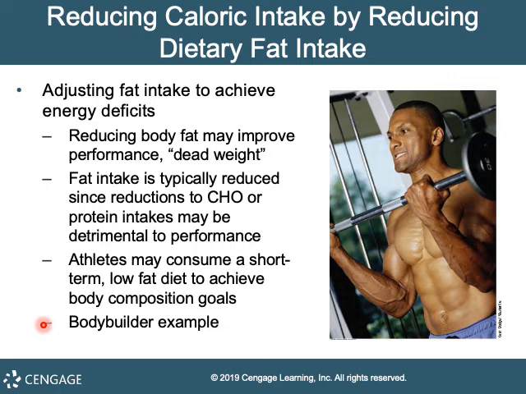And about 2 to 3 months before a big contest, he reduces his energy intake to approximately 3,500 kilocalories per day. So that's down about 2,000 calories per day. And that will help him to get that cut up look.